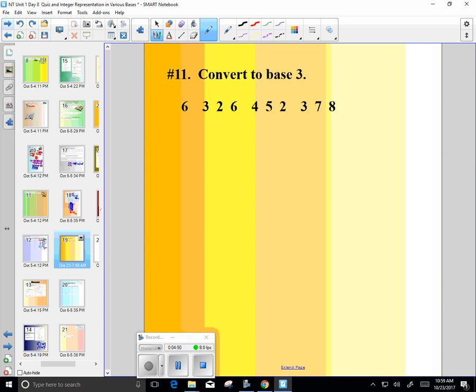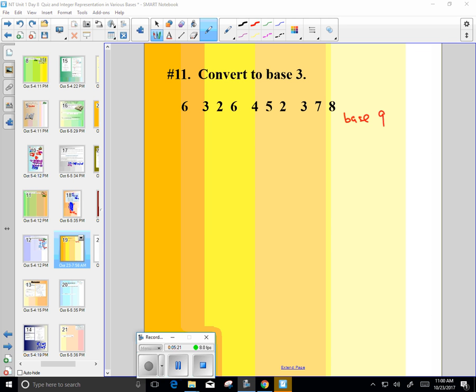Let's convert this one to base 3. All right, so I forgot to write this down. This starts out at base 9. So, that kind of makes you want to cry, doesn't it? Because if this is base 9, you've got to turn this into base 10 and then go back and do base 3, right?